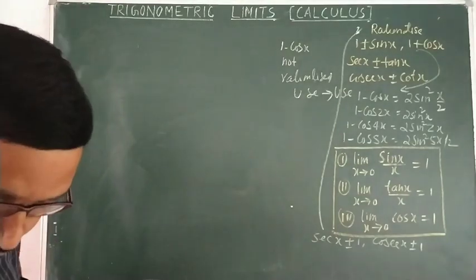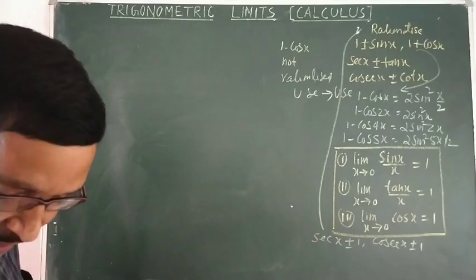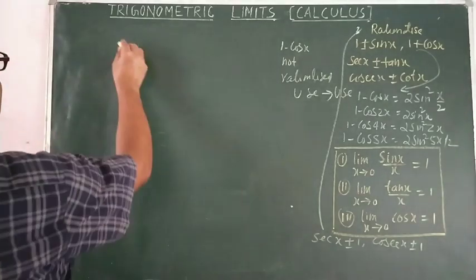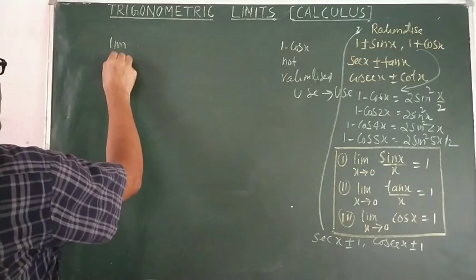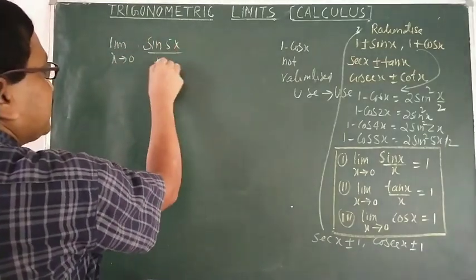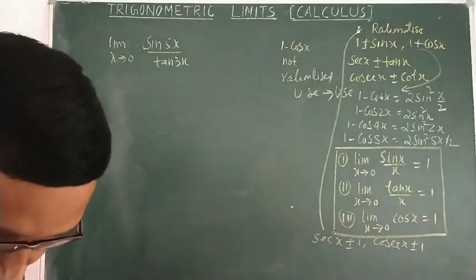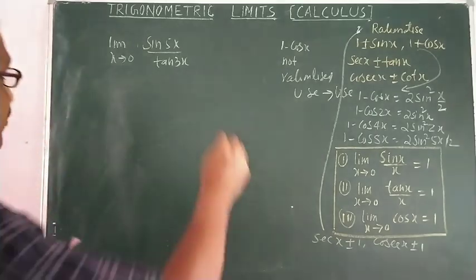So these are the basic starting problems of trigonometric limits. Now moving towards another problem, sin 5x by tan 3x, limit x goes to 0. Evaluate this. This is from R.S. Agrawal. I am doing the problem.